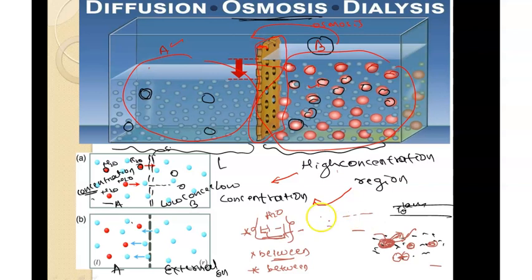Let's take this as my plasma membrane where I have a high amount of water, and I have a cell A where inside the cell I have very less amount of water. Then water will start entering into the cell.